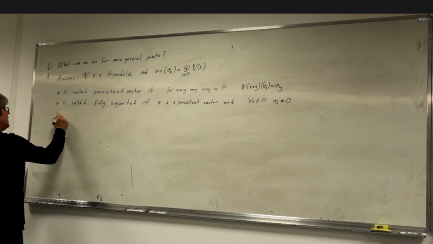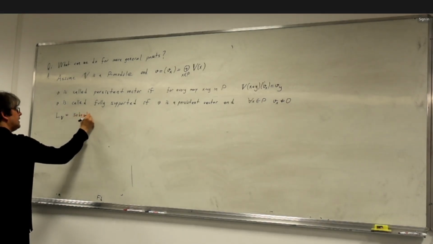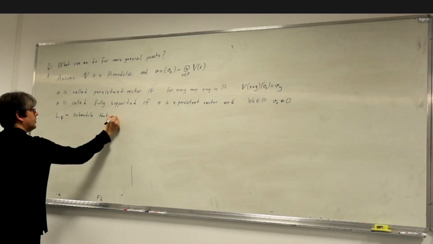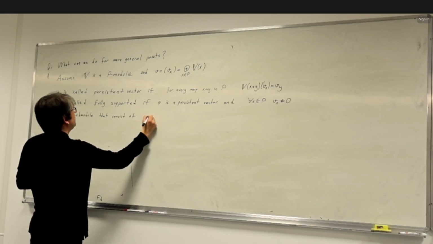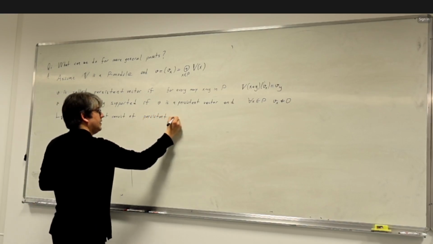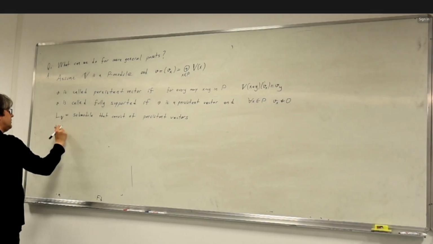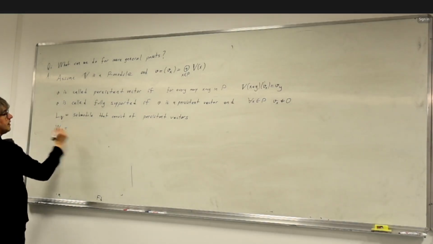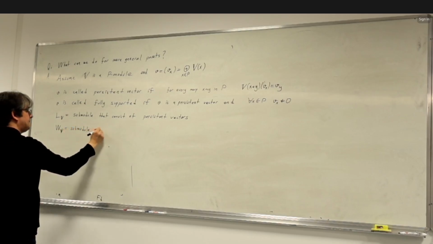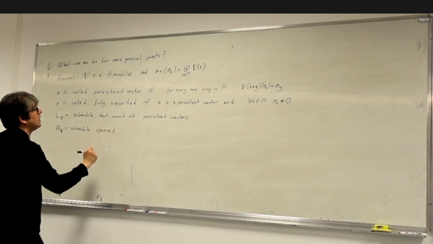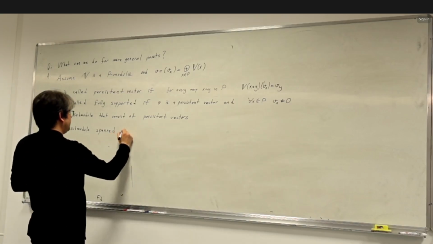Okay, let's call LV the submodule that consists of persistent vectors. And let's say WV is the submodule spanned by all non-fully supported persistent vectors.